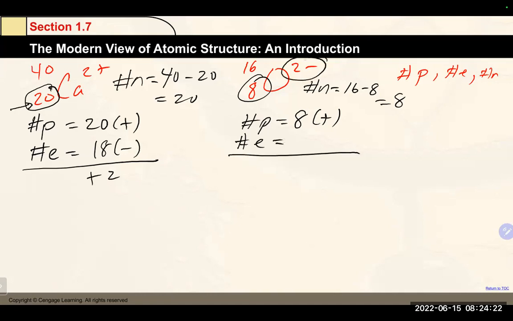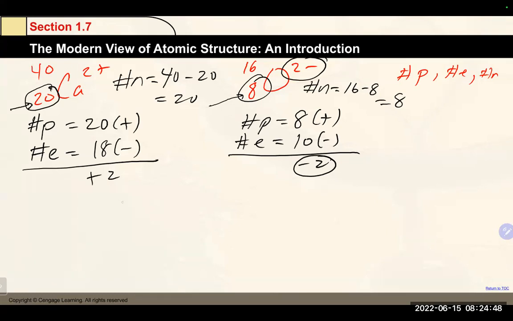Once again here, the negative means in this case we actually gained electrons, and the 2 is how many we gained. And once again, the atomic number in a neutral situation will tell you protons and electrons. So we just add 8 and 2, gives us 10. And that gives us our -2 that's left over. Any questions on how to figure out protons, electrons, neutrons for things with charges?